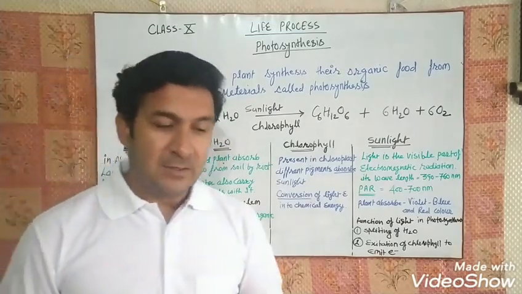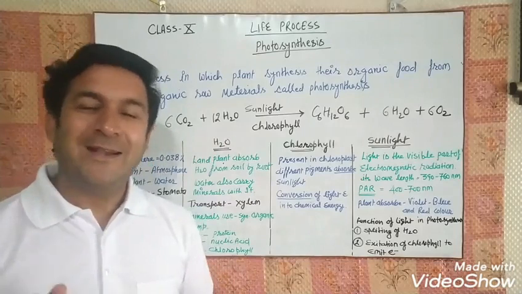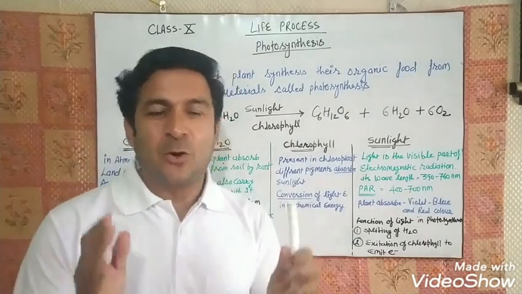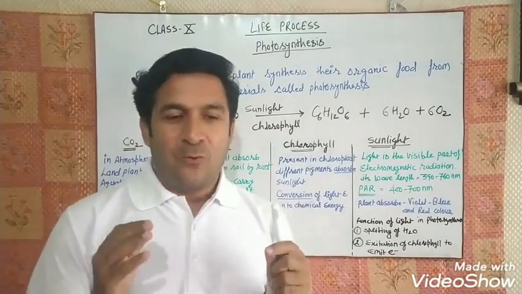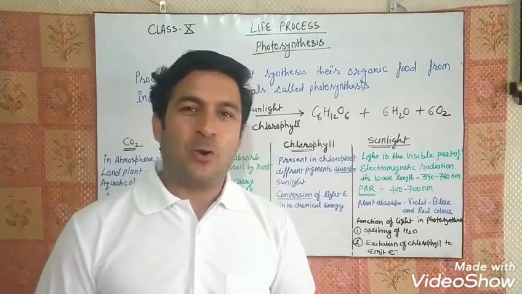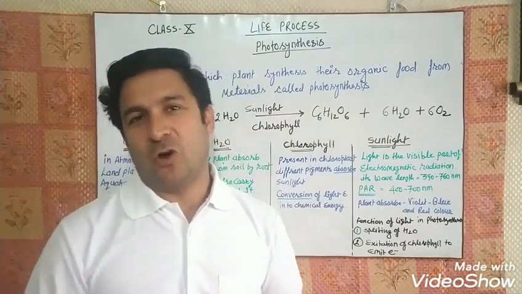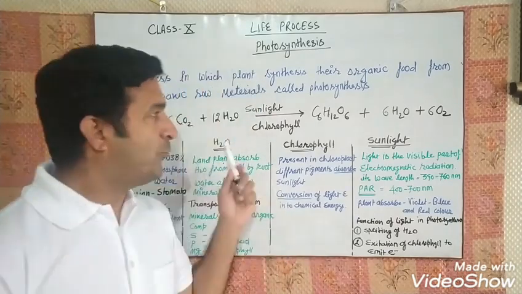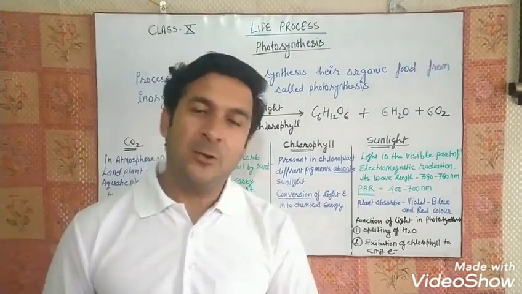So in this topic, the very important thing is to understand about the raw material, from where the plant obtains this raw material and what is the use of this raw material in photosynthesis. That is very important to understand.